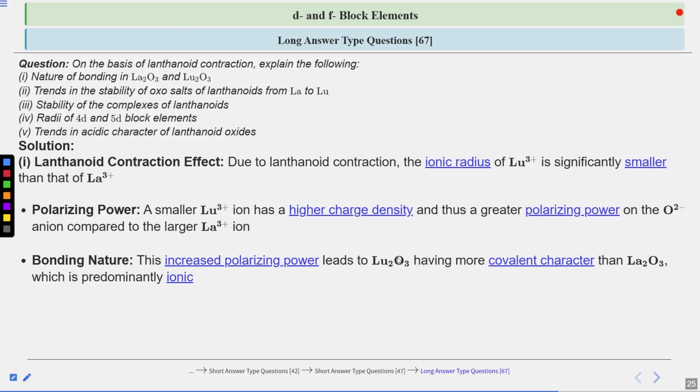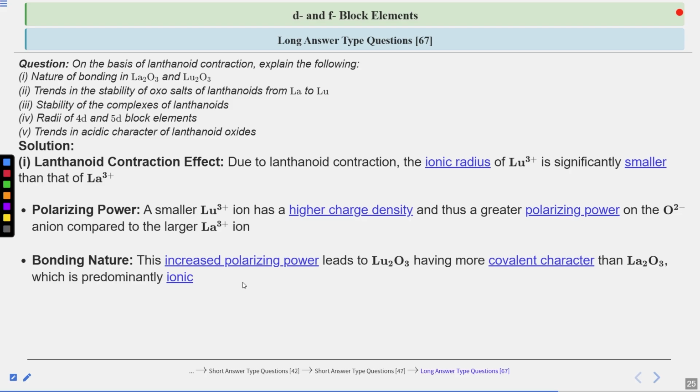It can easily attack the oxide anion and make stable bonding, so it has higher covalent character. Now, lanthanum has a larger size, so it has comparatively smaller polarizing power on the oxide anion, due to which lanthanum oxide will be ionic.